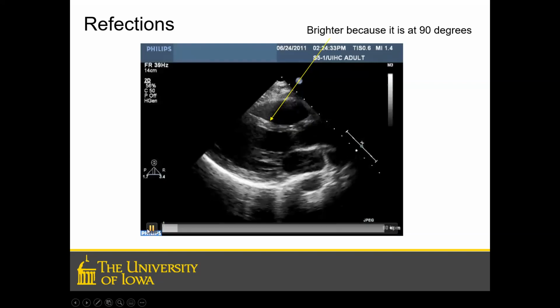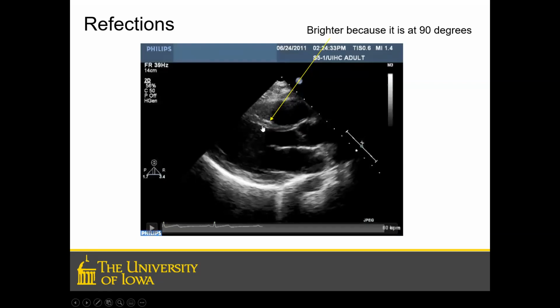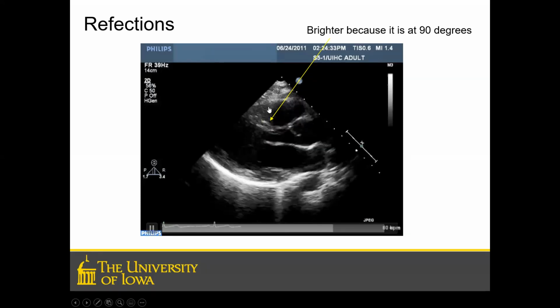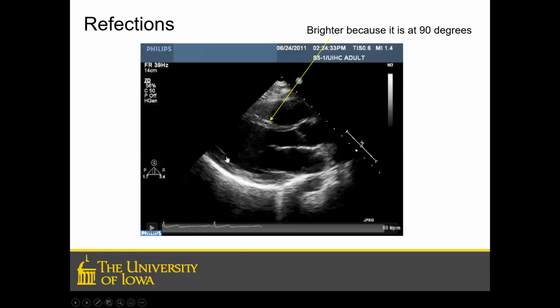Well, the reason for that is because our beam is exactly perpendicular to those specular reflections, the endocardium on either side at that location. In other locations, it's not as perpendicular, so it's off by just a little bit.